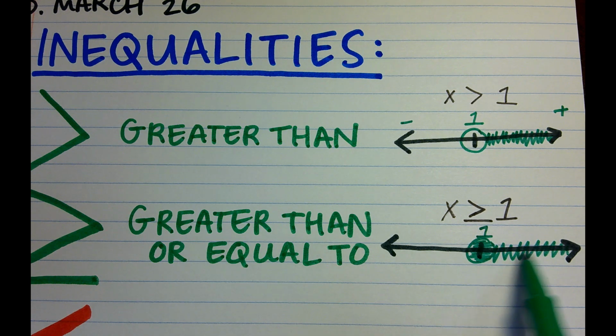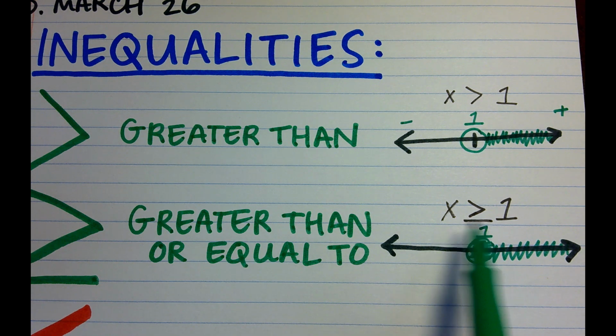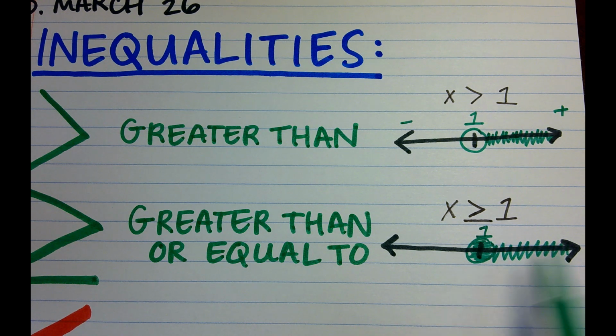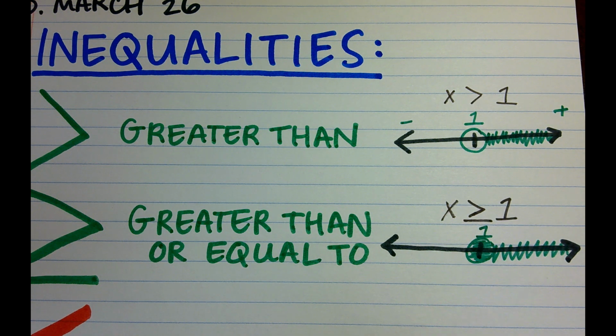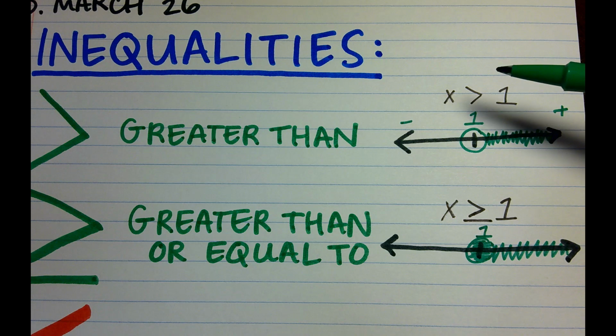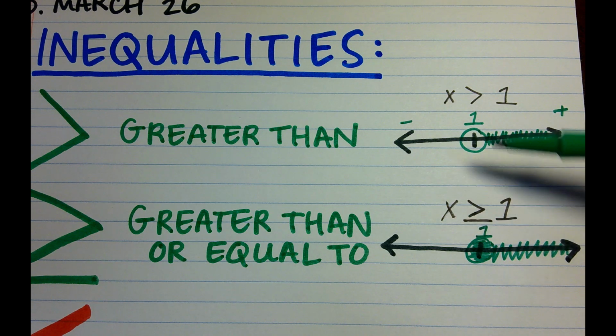It can be greater than 1, so it can be any of these numbers bigger, but it can also be equal to. We know that because of this half equal sign, this line under here. So to show that 1 can be one of my answers for X, I color it in. So the shading shows you the possible answers. We don't shade unless it's equal. Okay, so that's the difference. When we have a line under the symbol, we color it in. When there's no line, we leave it open and unshaded.